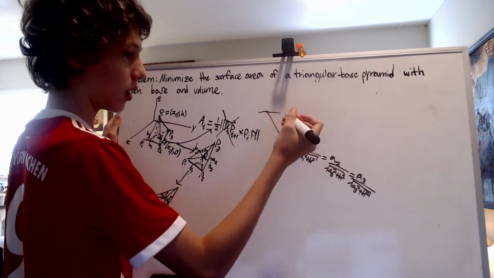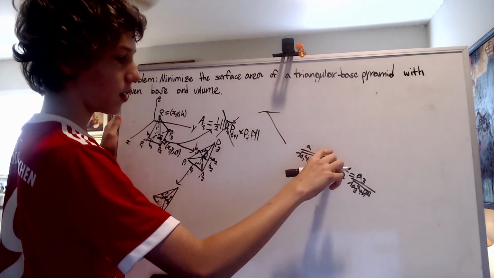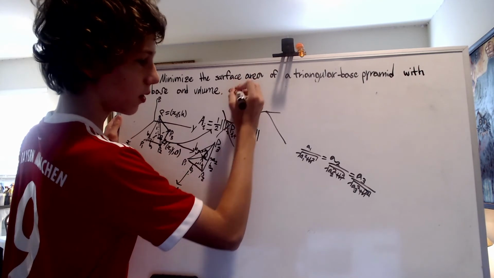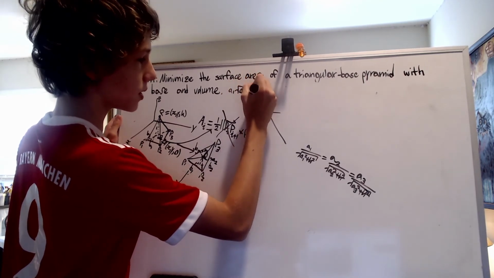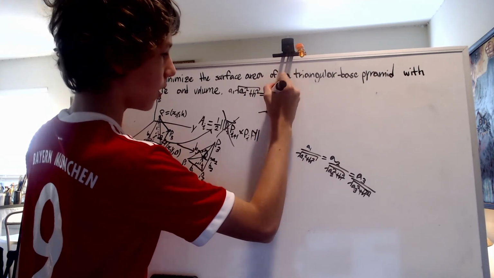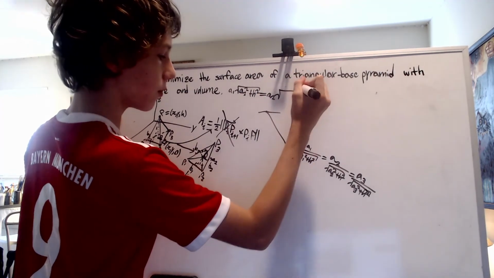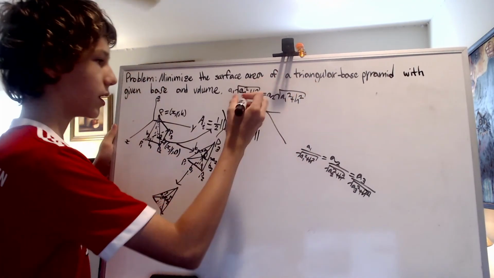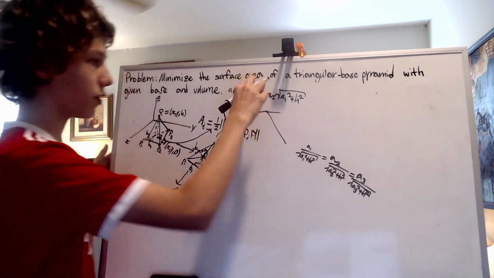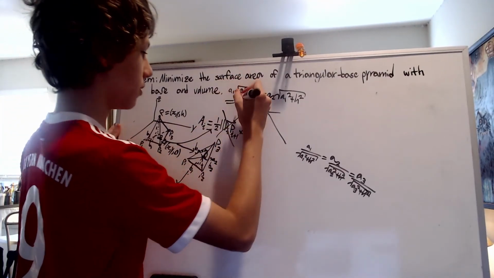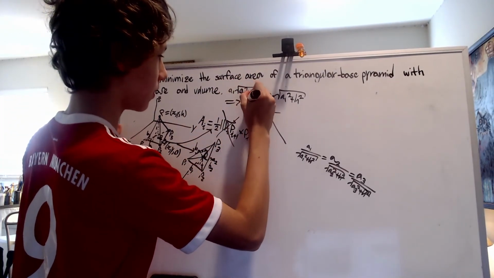In doing so, we're going to cross multiply, and that will simply give us a1 times the square root of a2 squared plus h squared equals a2 times the square root of a1 squared plus h squared. And squaring both sides and multiplying this term out, the square root goes away.